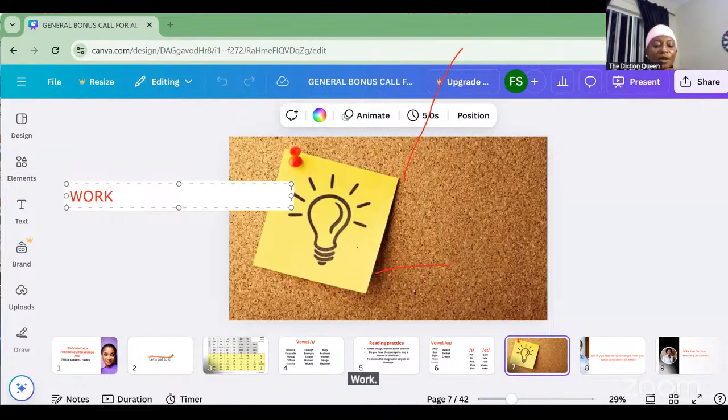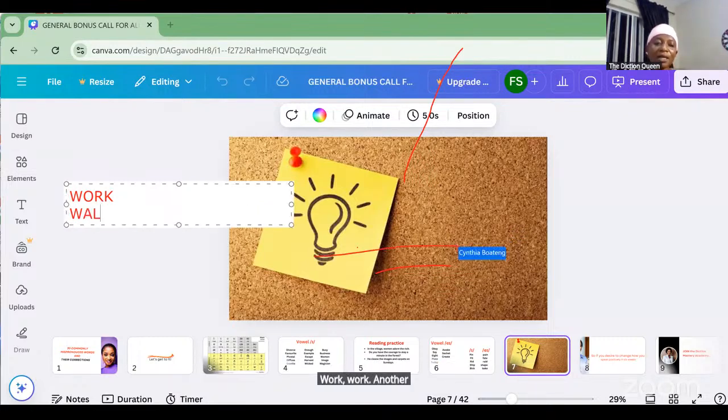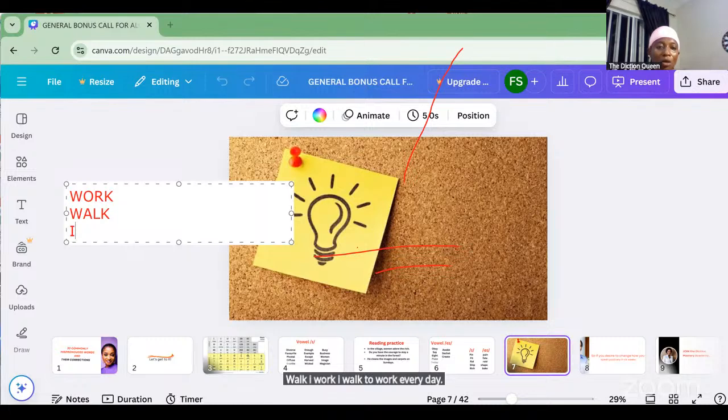Another is W-A-L-K. It is pronounced walk. Work, walk. I walk to work every day.